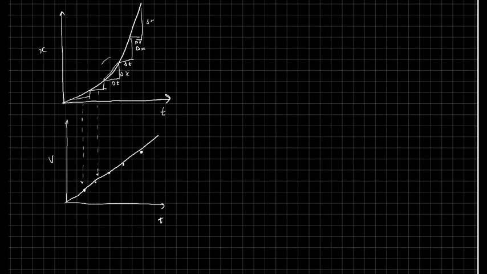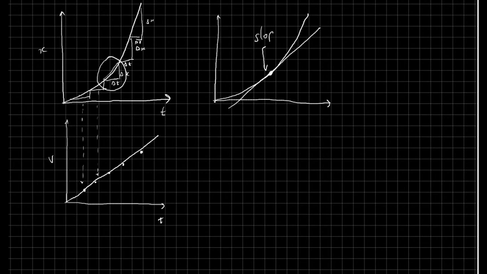If we think about one of these segments and make it a bit larger, we want to find the slope of the tangent line, the line that is parallel to the small line section just at this point here.